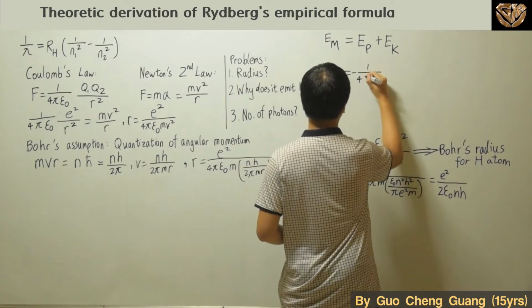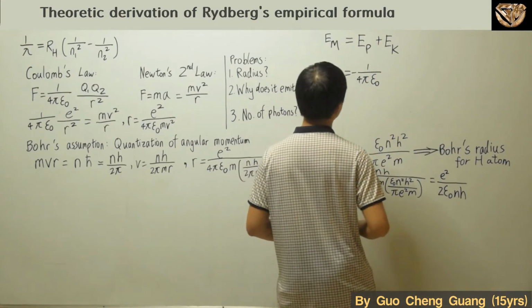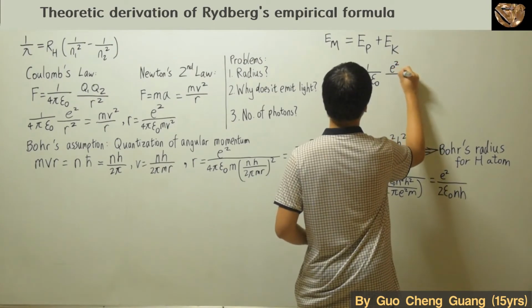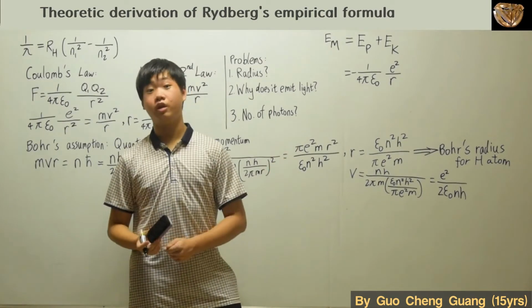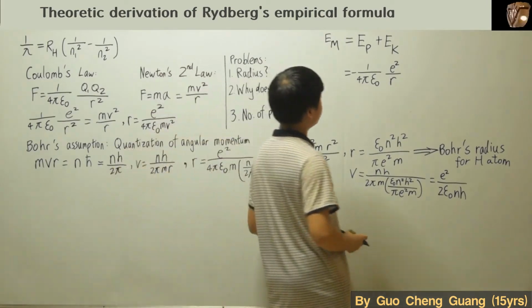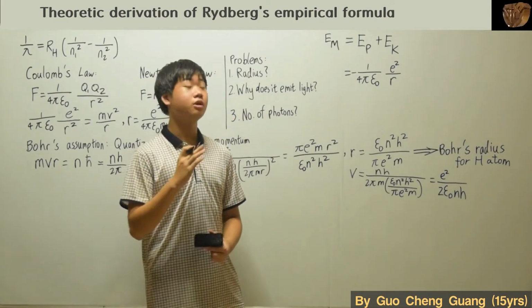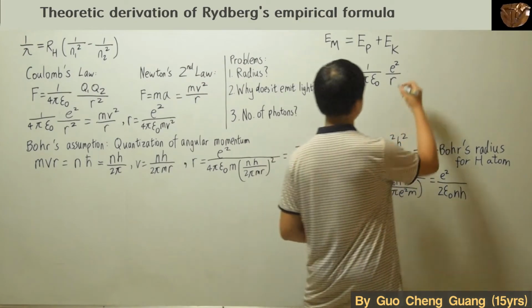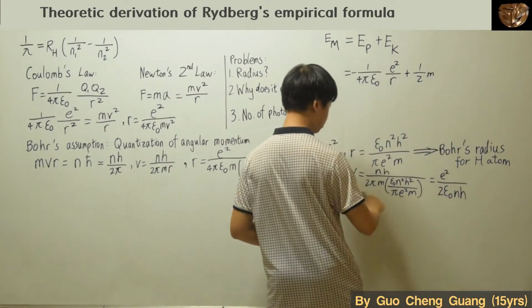So negative 1 over 4 pi epsilon naught, times e square over R. This is potential energy. And then your kinetic energy, which is half mv square. That is where your v comes into use.